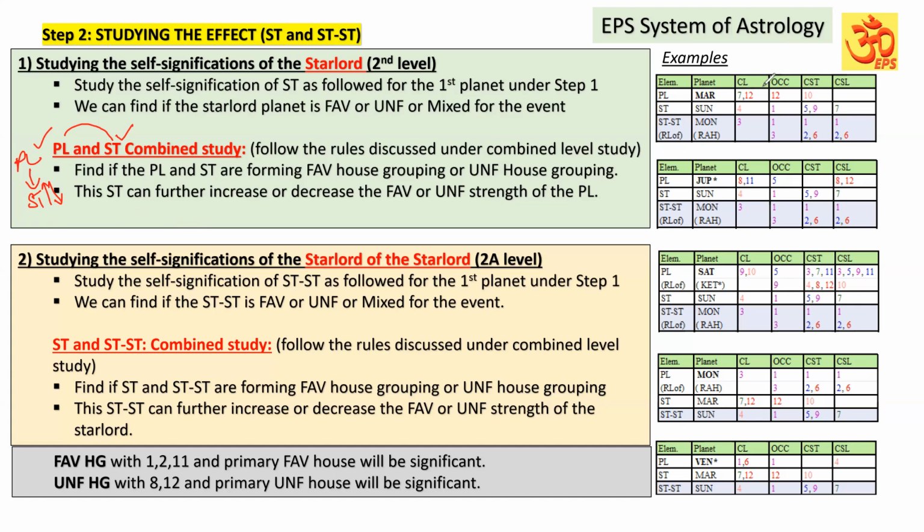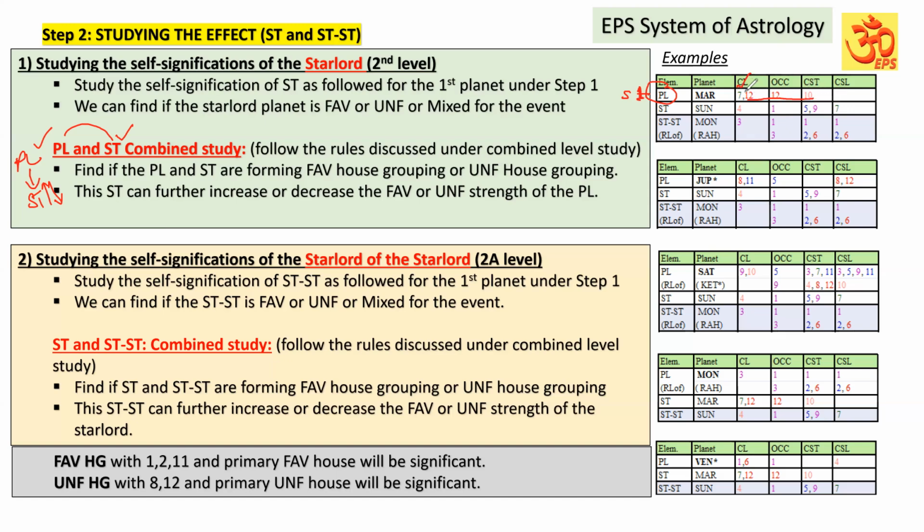For example, you can see in the examples I have given, take the Mars planet. Mars planet self-signification as per step number 1: the planet is 7th Lord, 12th Lord, 12th occupant and 10. It is a mixed significator.